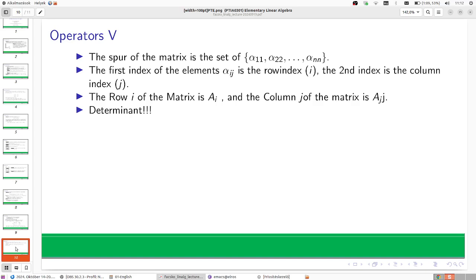It means 1, 4, 3, it's 8. And 1, 0, 1, 2. So you got this. This is a different operation. You will have homework. We will practice this tomorrow. Don't worry.